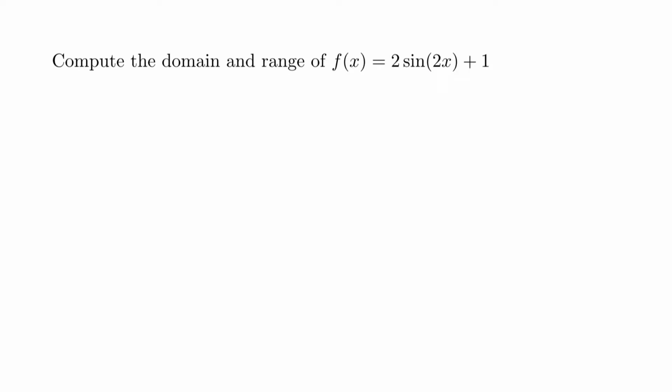So let's do a quick exercise. I'm going to ask you to compute the domain and range of a transformed version of sine. So what we'll do is we'll try to sketch the function and then interpret the domain and range.